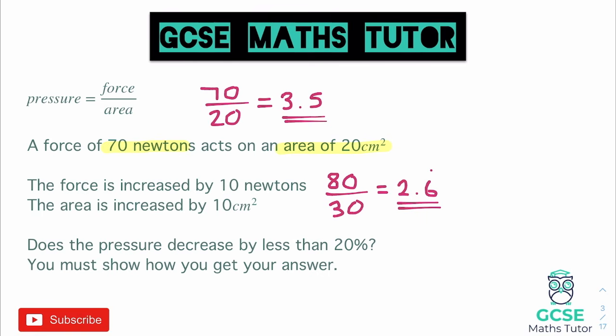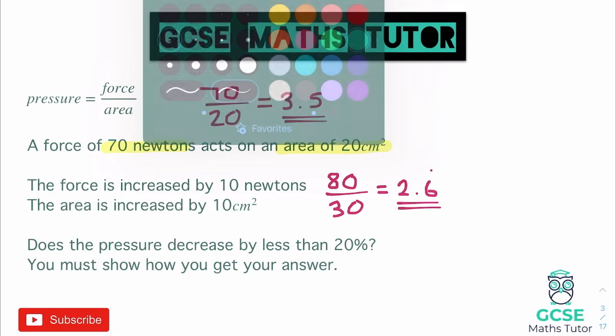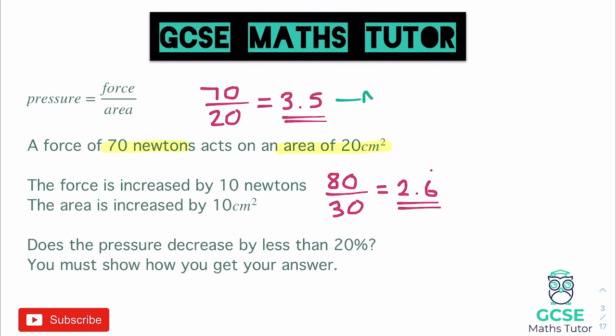So does it decrease by less than 20%? Well, if we look at that actual pressure there of 3.5, we work out 20% of that, and we can do that by just multiplying it by 0.2, or we could use a percentage multiplier, or a sort of decrease multiplier of multiplying to reduce by 20%.